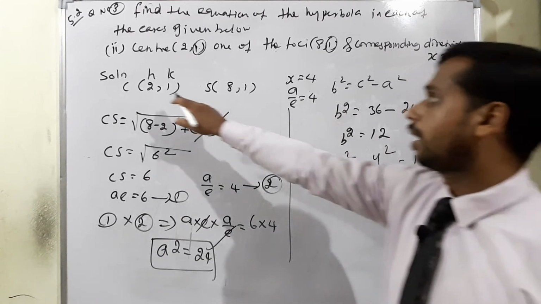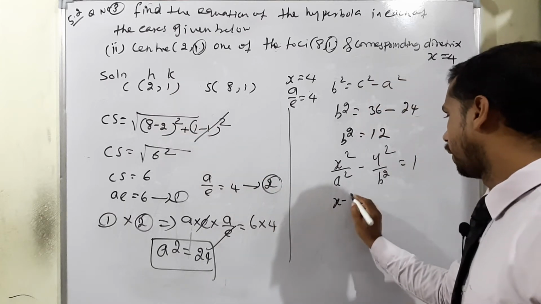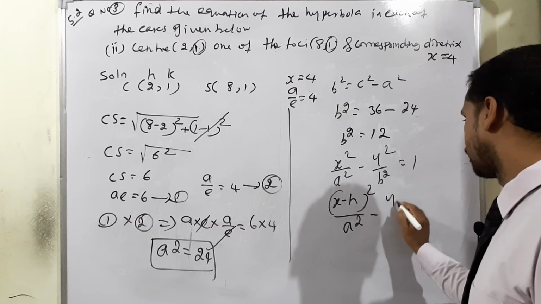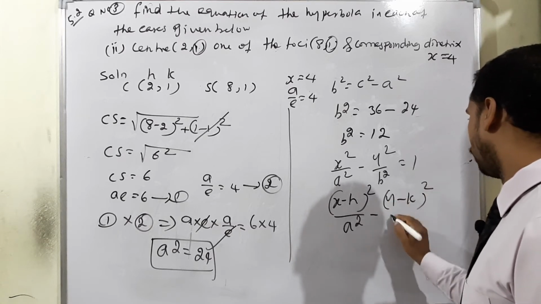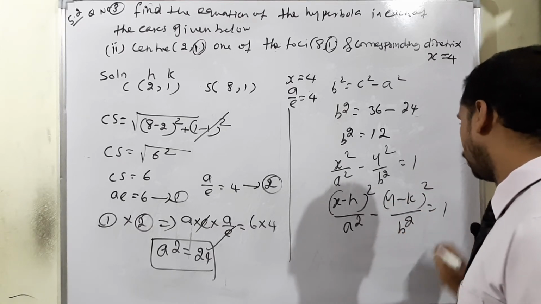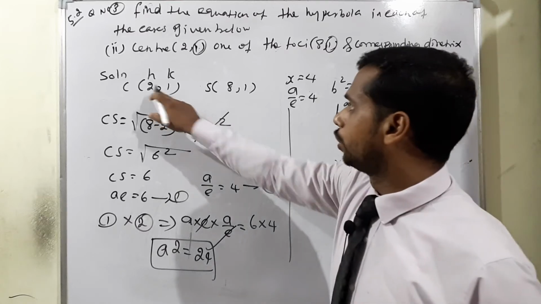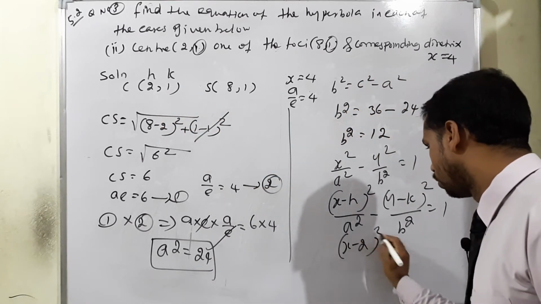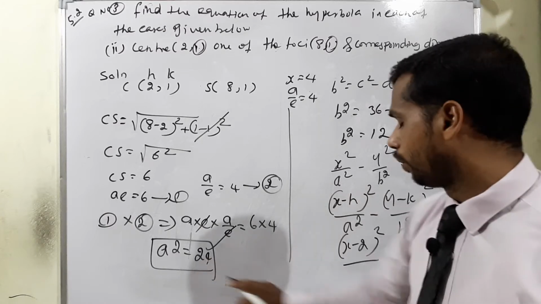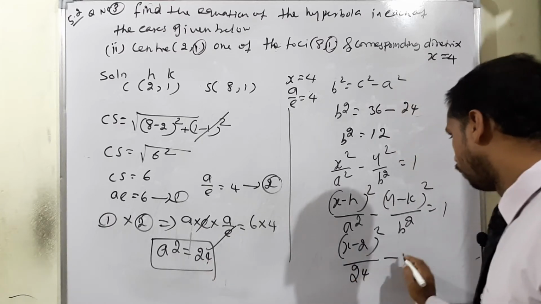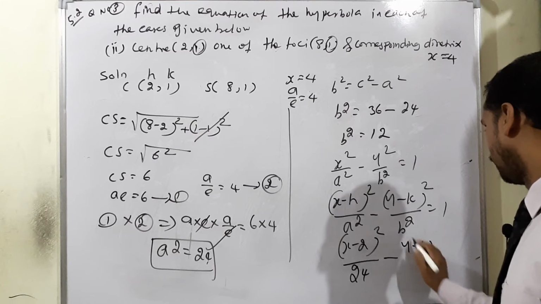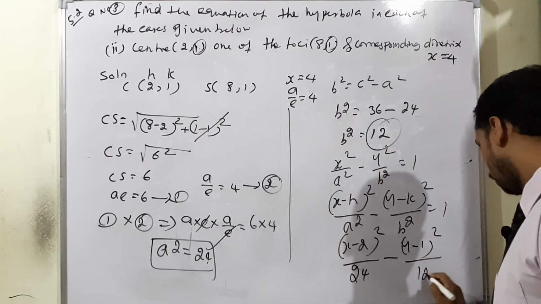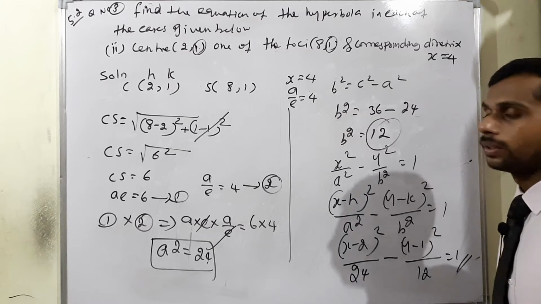Already we know the center is another point, therefore we can expand x minus h the whole square divided by a square minus y minus k the whole square divided by b square is equal to 1. h is equal to 2, k is equal to 1. Therefore x minus 2 the whole square divided by 24, a square is equal to 24, minus y minus 1 the whole square divided by b square is equal to 12, is equal to 1. This is the answer for subdivision 2.